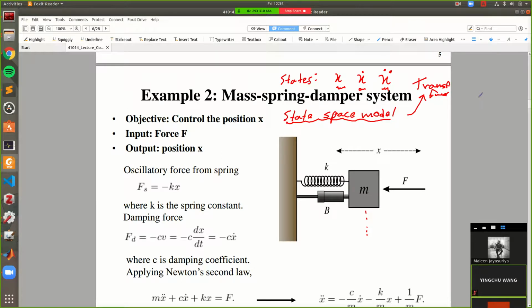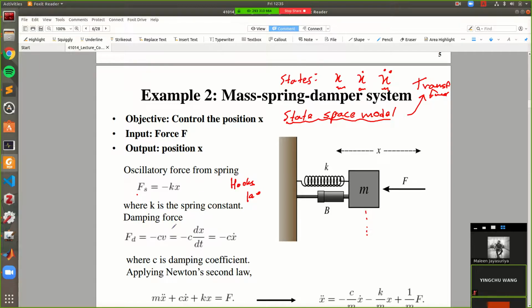Okay. Anyways, coming back to how to derive a state space model. We start with the physics. So what are the equations we know here from physics? We know that the oscillatory force that's associated with this is equal to minus kx. So that's Hooke's law. Hooke's law describes the relationship of the force applied to a spring, the spring constant and the displacement.